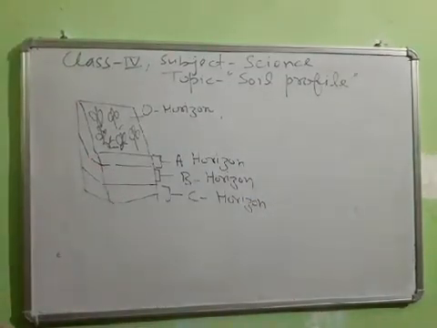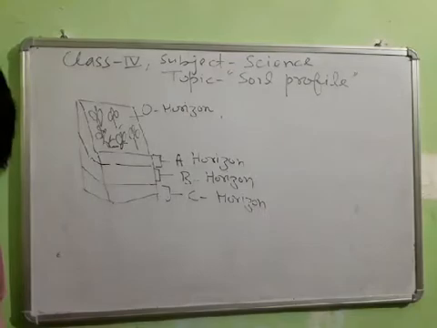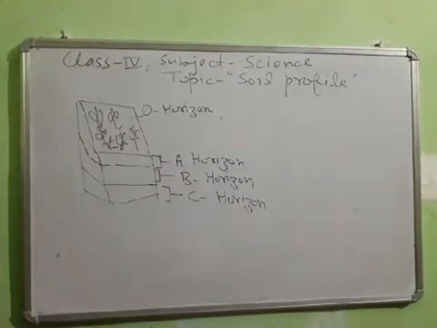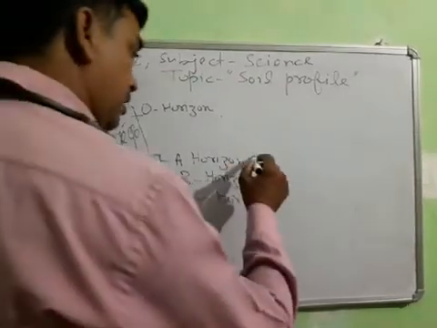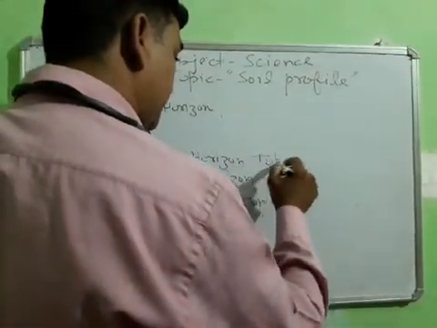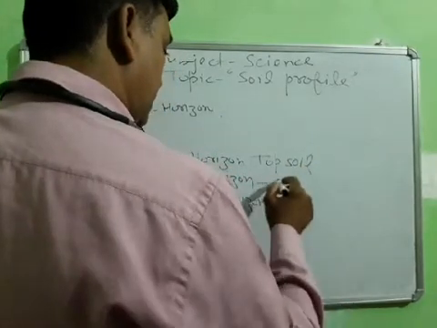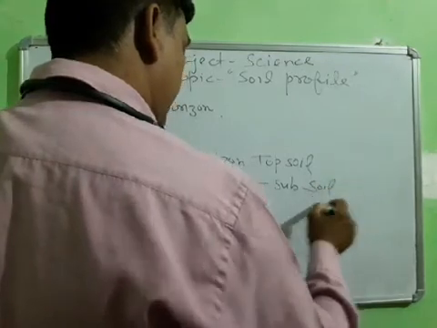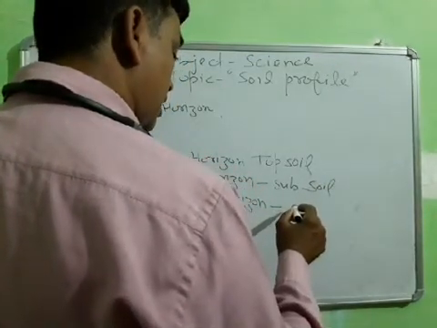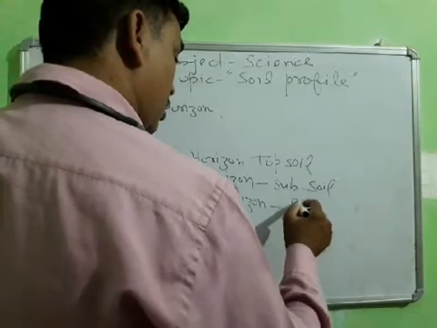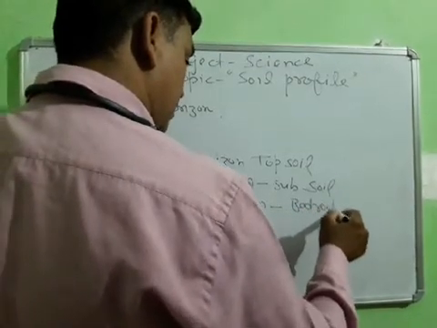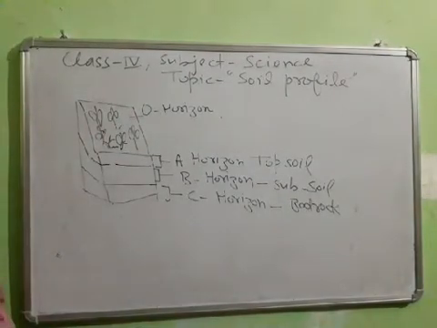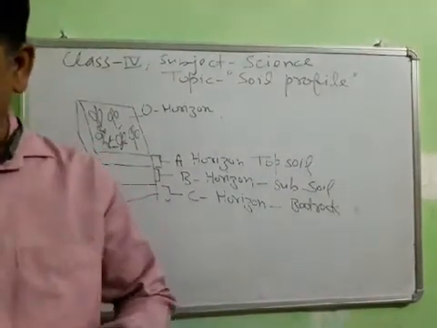You can also call these horizons by other names: the A horizon is also called topsoil, the B horizon is called subsoil, and the C horizon is also called bedrock. Now students, we will study one by one about the A horizon, B horizon and C horizon.